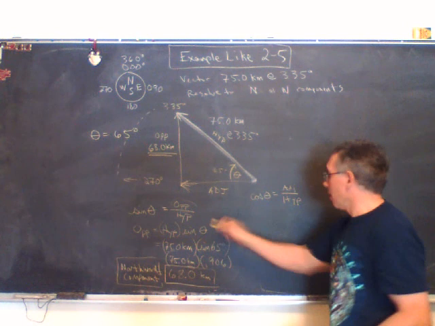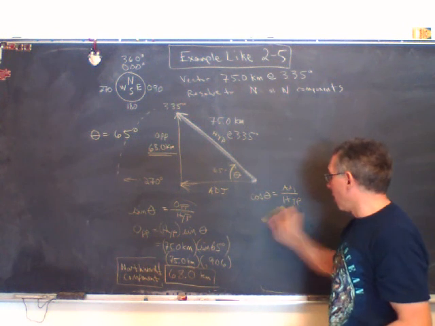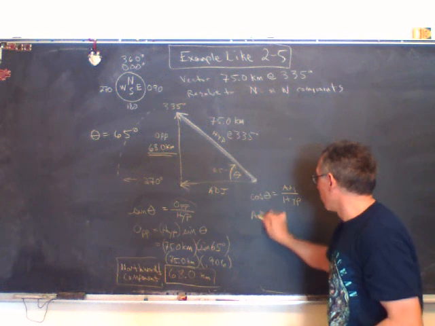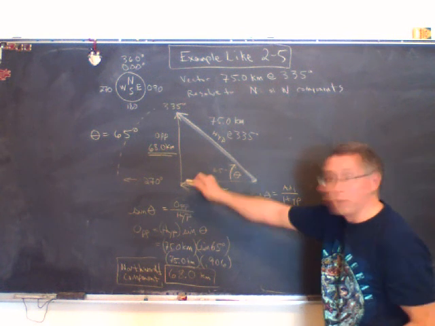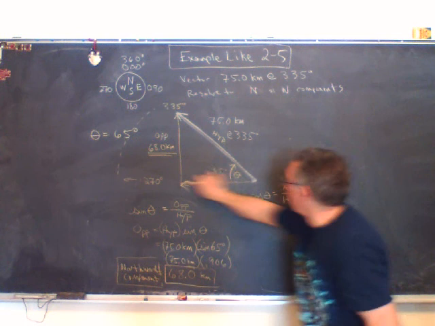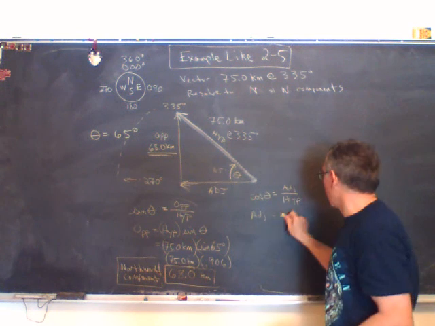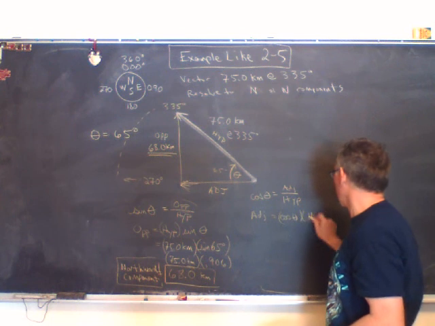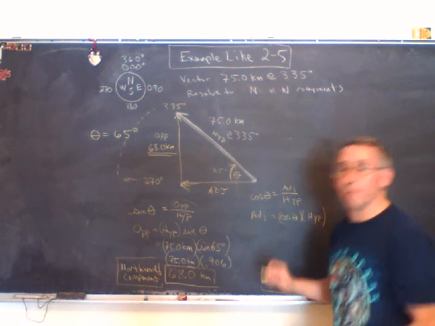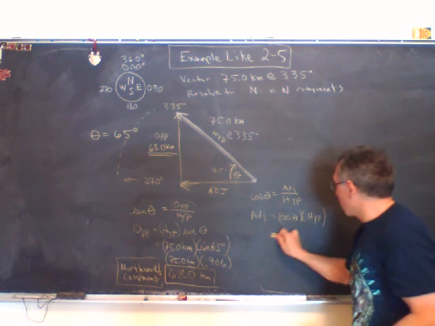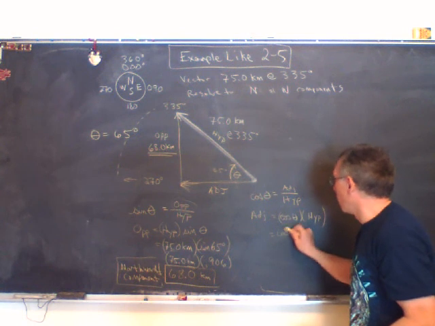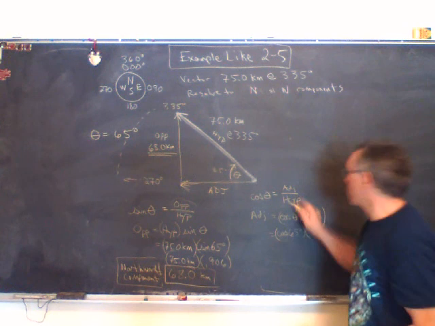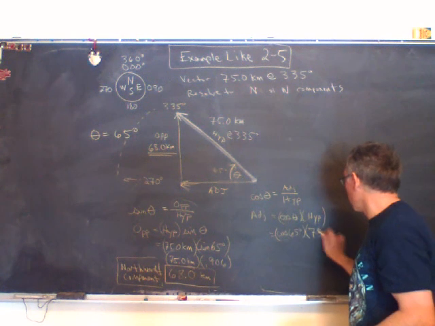Same way we did it here, the adjacent side, which is what we want, the component in this direction right here, is equal to cosine theta times the hypotenuse. I put it in a different order, sorry about that. So that's the cosine of 65 degrees times the hypotenuse, which is still 75.0 kilometers.